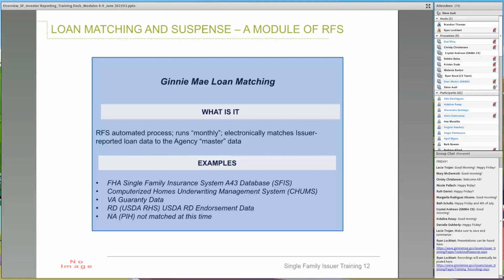The examples shown here are the systems FHA SFIS 843, the CHUMS system, the VA guarantee data, and the RD endorsement data. Currently, we do not match against NAPIH data.